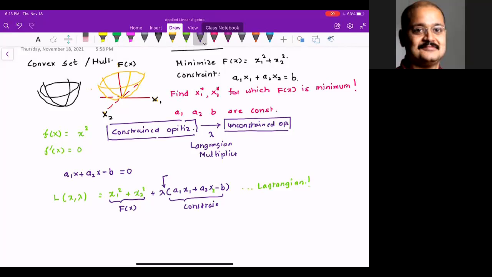You want to minimize the function, but in addition to minimizing the function, you want to make sure that the star values, which actually are x1 star and x2 star, that minimize the function, have some sort of relationship. Do you agree with me? Now let me give you the proof. Just a second. Bear with me for a second.